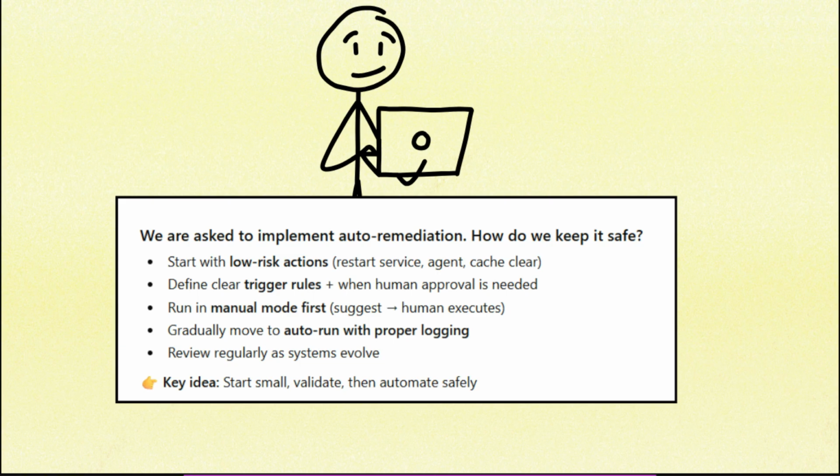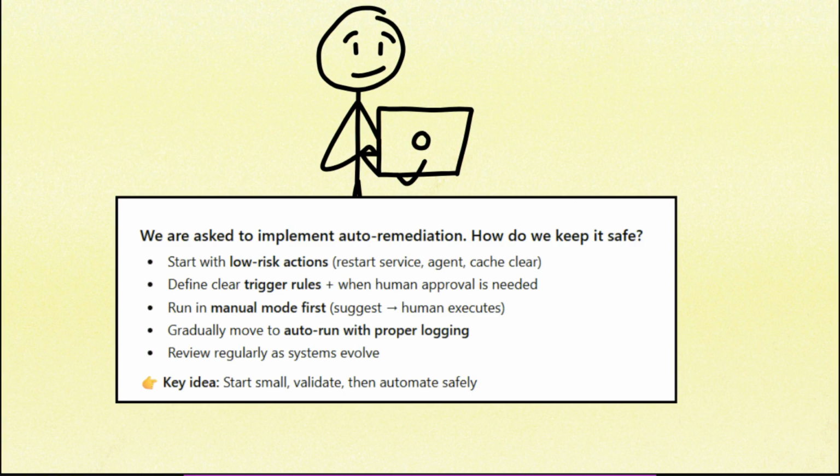Secondly, we define a clear trigger rule there and decide where human approvals are required. This is important. Without human approval, we should not go ahead with the critical things mostly. And then at the third level, we run automations in a recommended mode where engineers manually approve the execution.